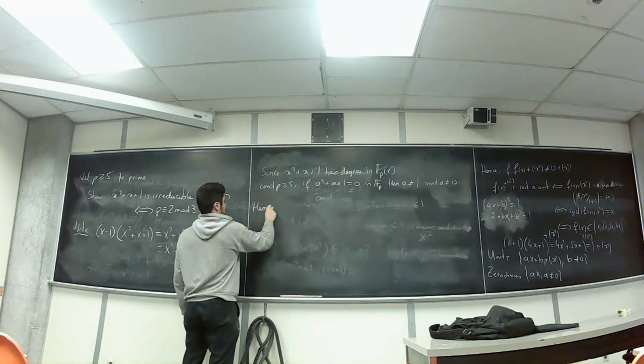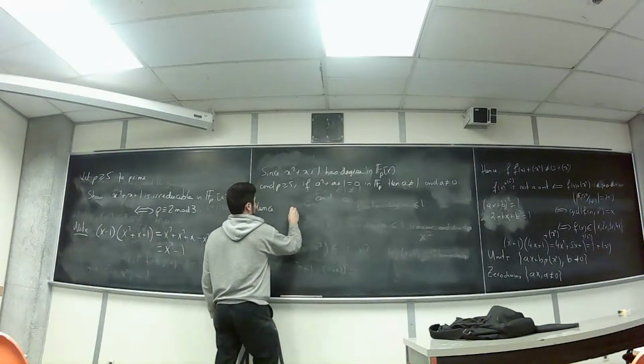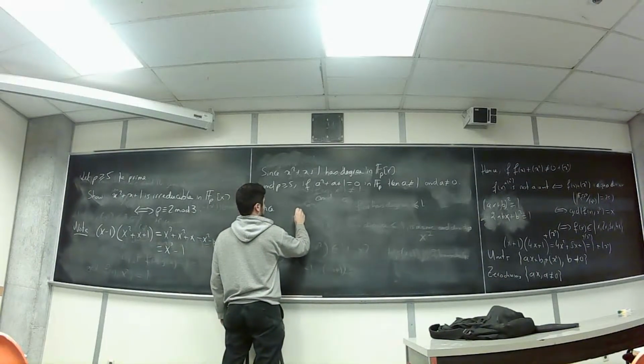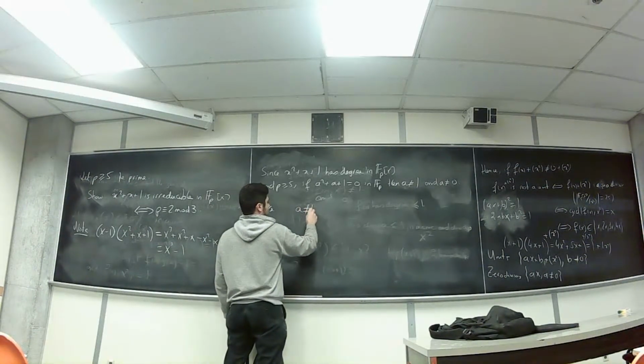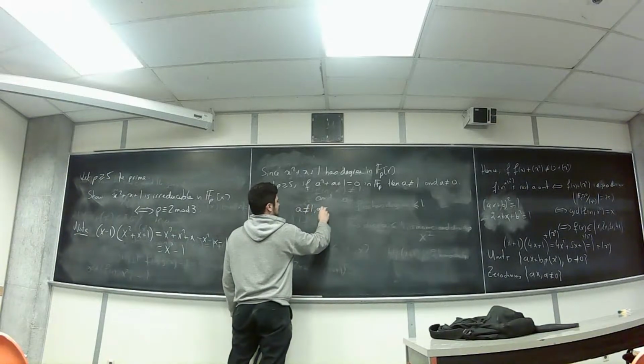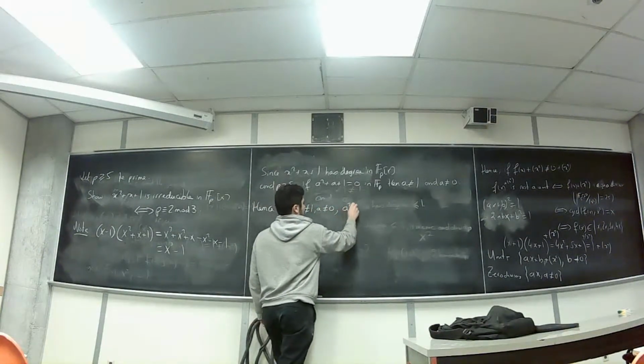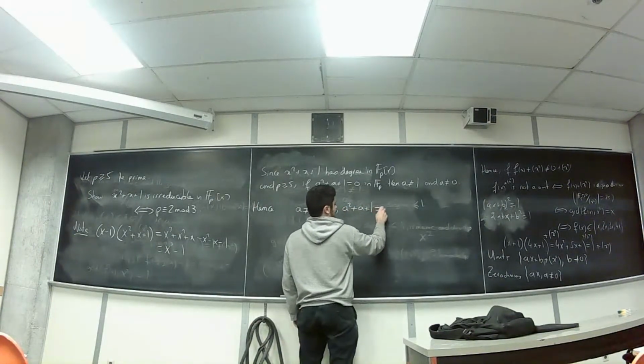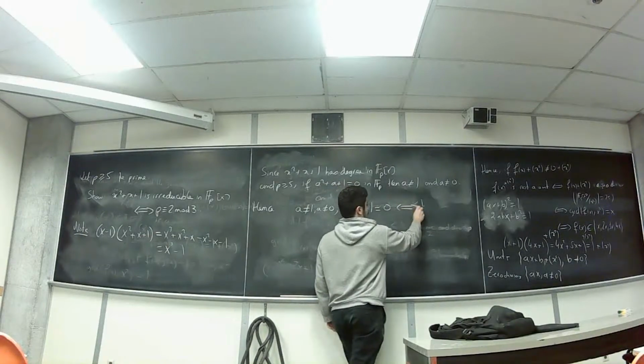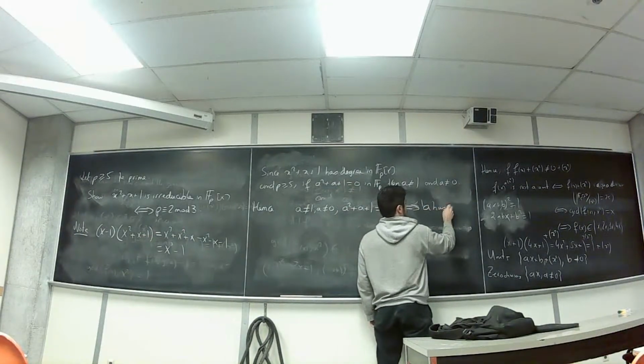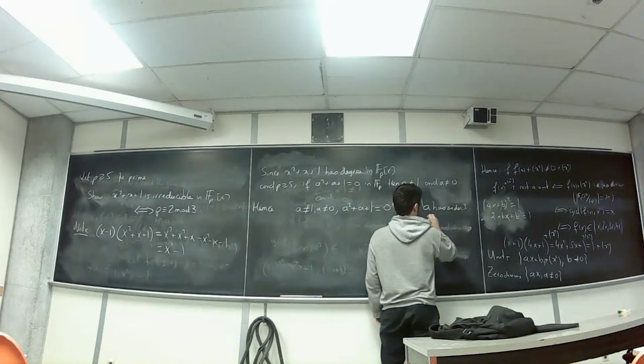Thanks. a different than 1 and a different than 0, and a squared plus a plus 1 is equal to 0 if and only if a has order 3 in Fp star.